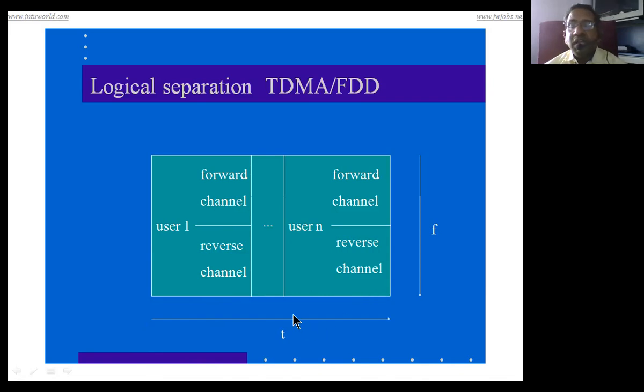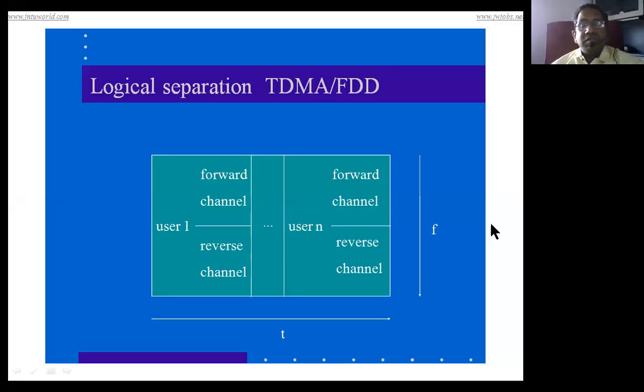So the base station takes signals from this particular mobile unit in that particular time slot only. After this time slot, the base station switches over to the next mobile unit and takes signal from the next mobile unit. All of this happens while providing high performance and good quality to the end users.